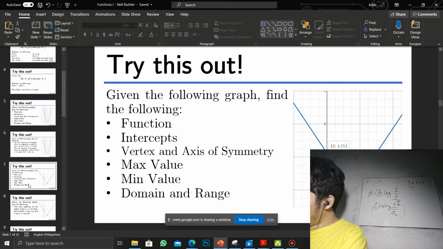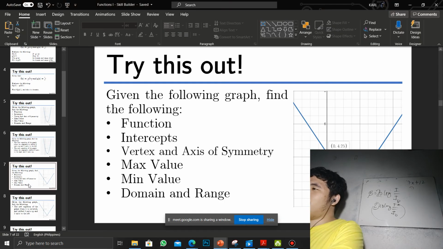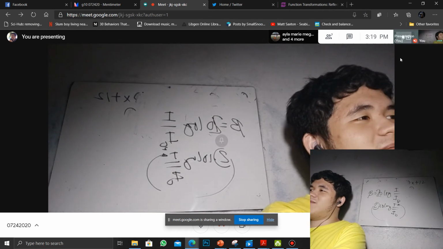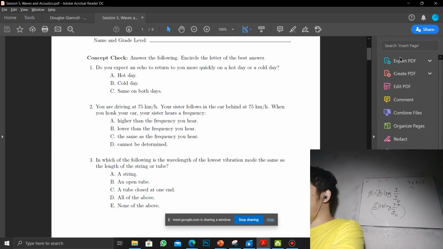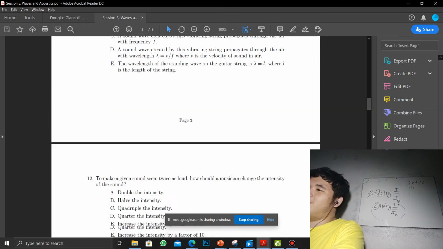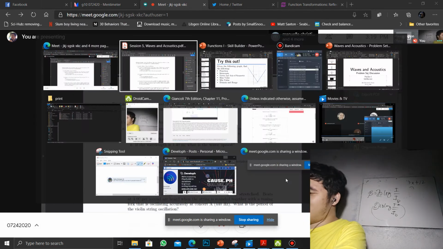Ito na siguro yung pinaka-perfect na design kong problem set para sa inyo. Tingin ko lang, no? Right difficulty, tsaka right scope. Hindi masyadong out of this world, no? Sige, go lang. I'll wait.